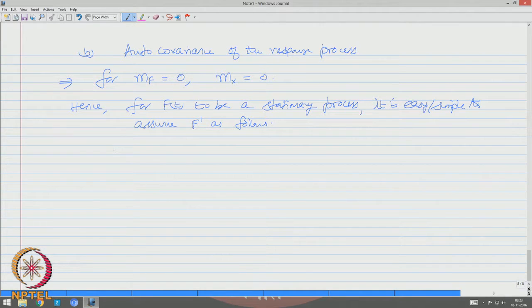Let us assume f dash as f of t minus m f, which also has 0 mean value.